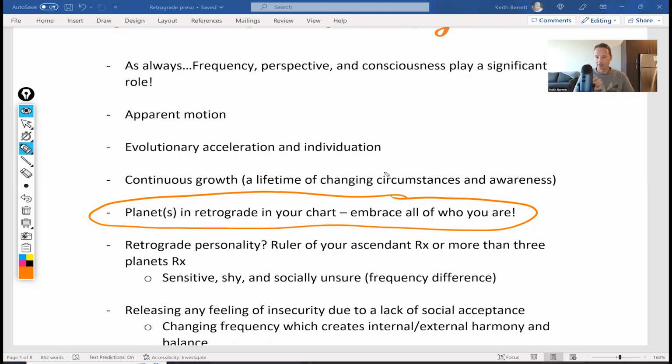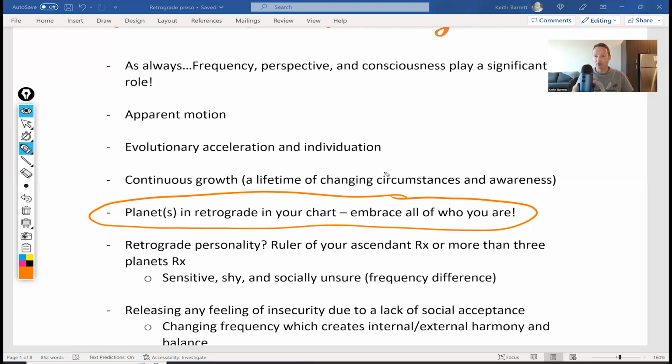Any retrograde planets are returning to your origin, right? From a soul perspective, how do you want to express yourself in the most unique way possible, which may go against other people, family, relatives, society, work environments, you name it, right? It could go against the beliefs of others.